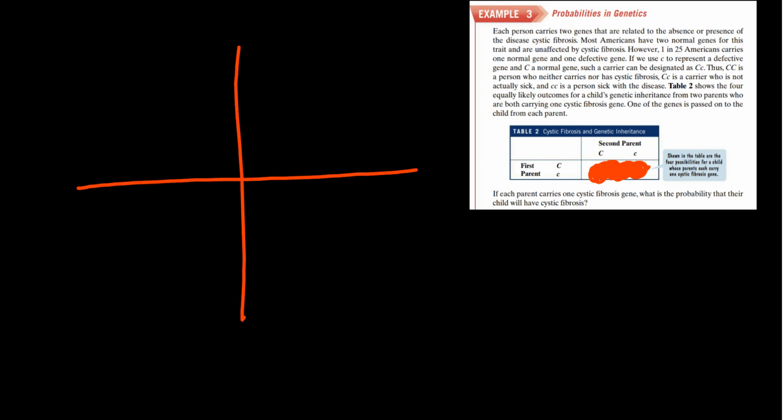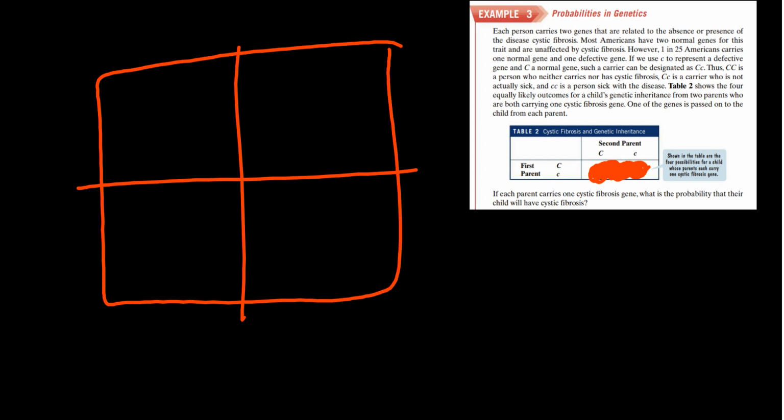Of course, we see this shown in the table, so let's go ahead and dissect this table so you can really understand what we're doing here. The way Punnett squares work, and you don't necessarily need to know this to create a Punnett square, is you basically just think of it as a box, and let's make a box because I think it'd make it a lot easier to visualize.